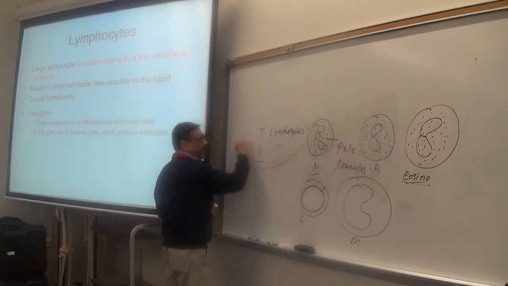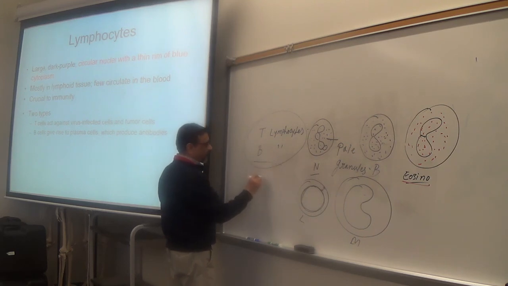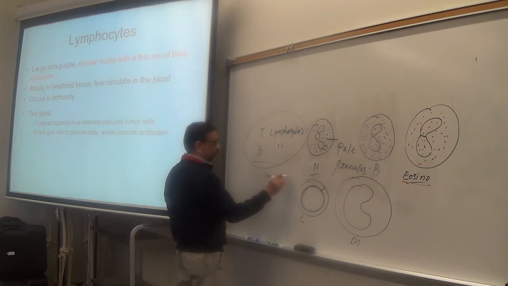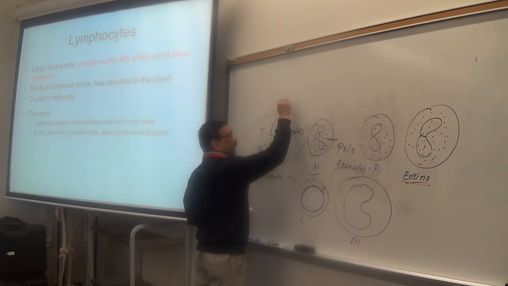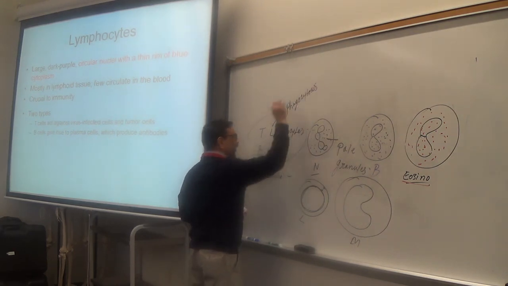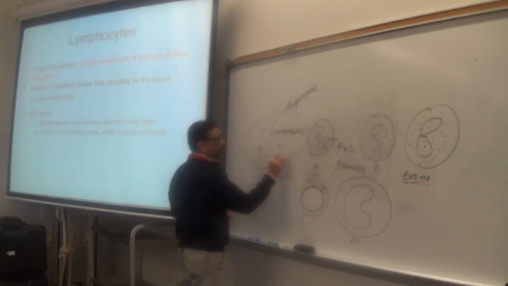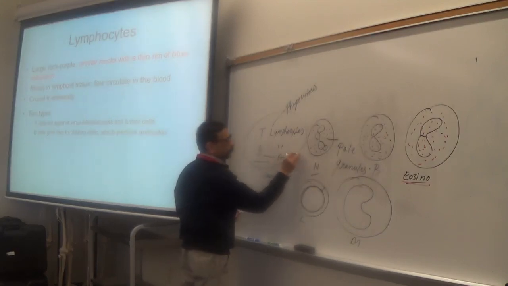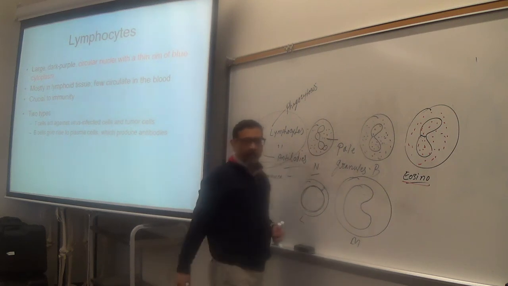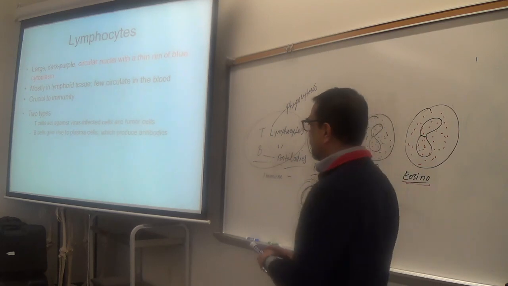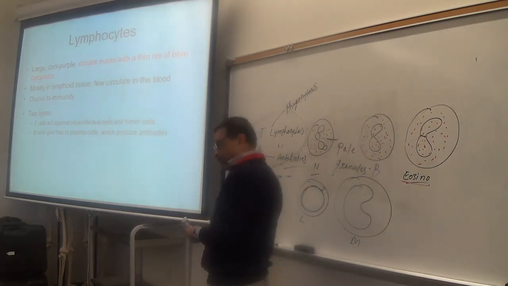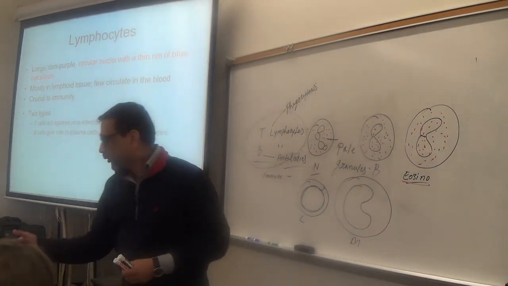And both are parts of your immune system. T lymphocytes do phagocytosis, and B lymphocytes produce antibody. Okay, so that's all about lymphocytes. T and B types and their functions. Okay, now let's move forward.